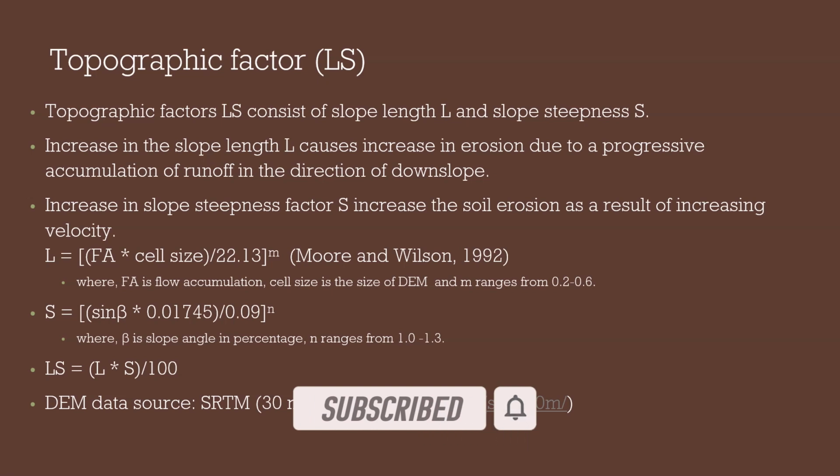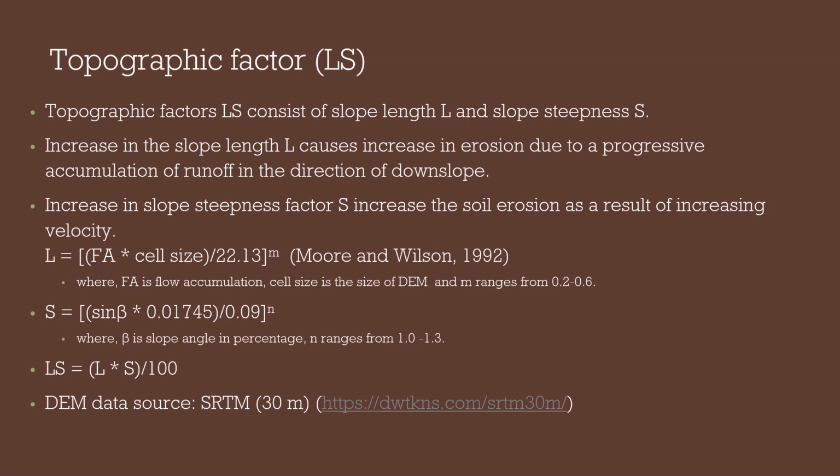The slope length is calculated by the following equation, where FA stands for the flow accumulation and M ranges from 0.2 to 0.6. This formula was developed by Moore and Wilson in 1992, whereas slope steepness can be calculated by another formula, where beta stands for the slope angle in percentage and N ranges from 1 to 1.3.